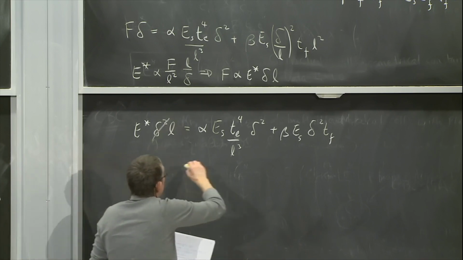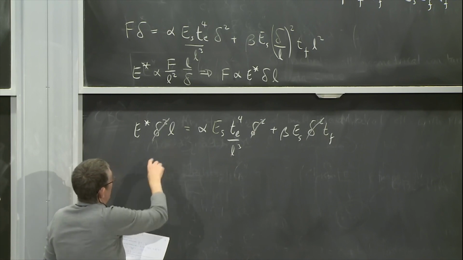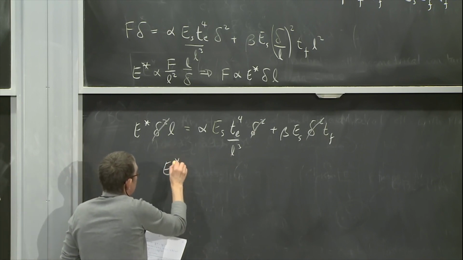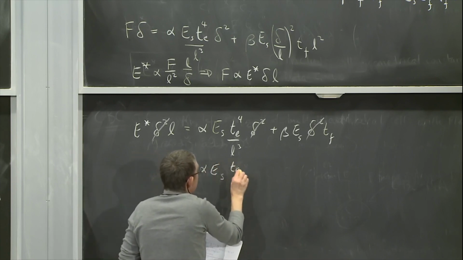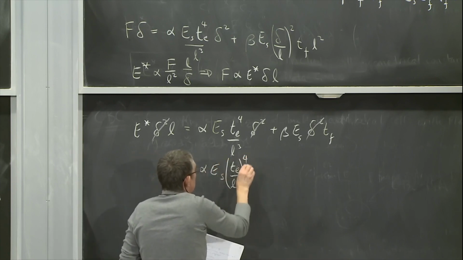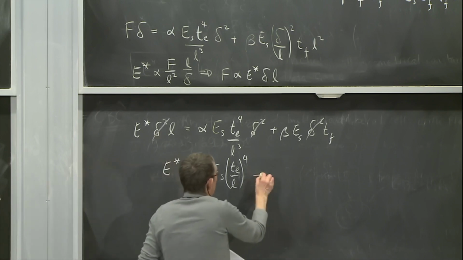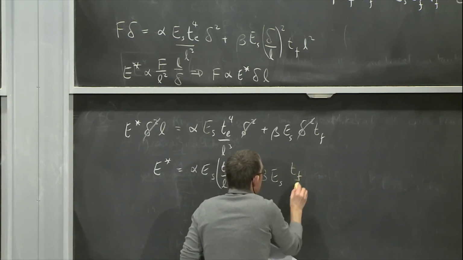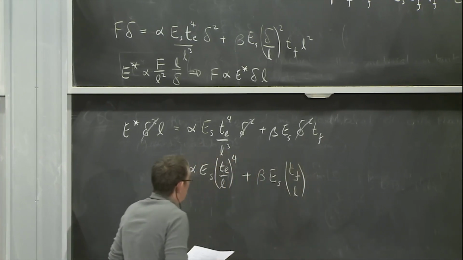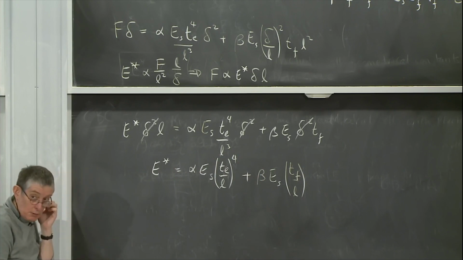So here I can get rid of the delta squareds in all these terms. And if I just divide by L, I'm going to have the modulus of the foam. So I get a term here that goes as alpha E of the solid times T of the edge over L to the 4th power plus beta times E of the solid times T_F over L. Are we good?